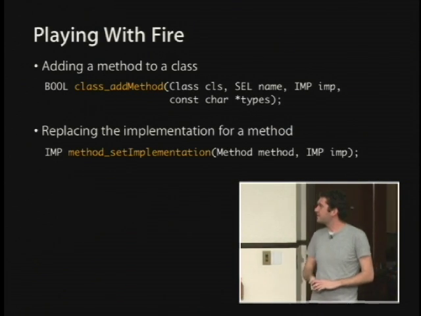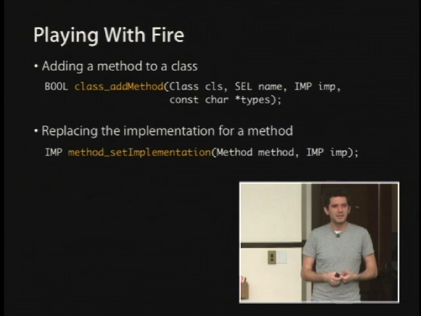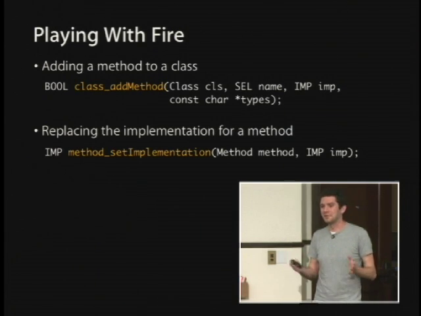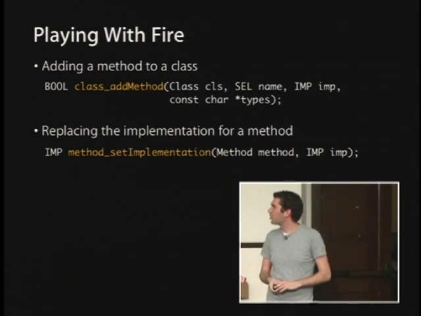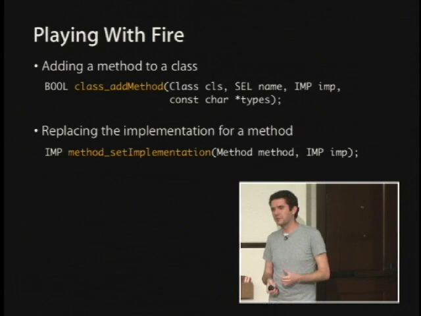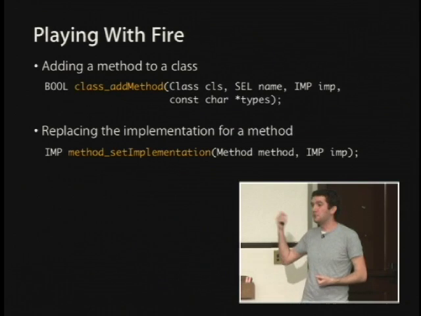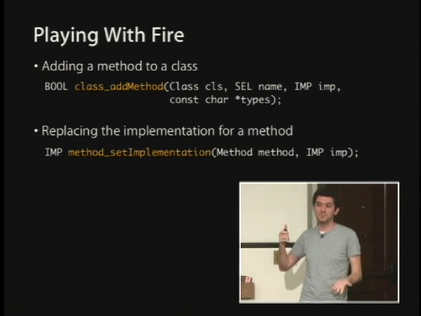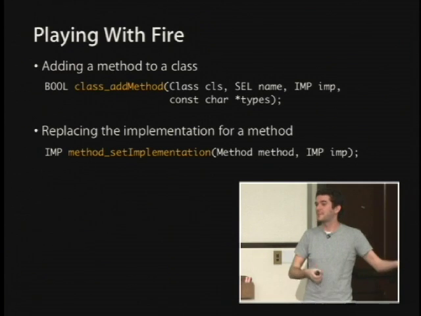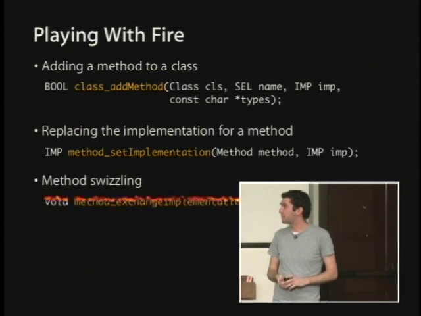You can also replace the implementation for an existing method. This is the part where you really don't want to do this to UIKit classes or other framework classes. Basically, you can call method set implementation, which, given a method like we got back from that class get methods function, you can pass a new imp to basically replace what will get called when someone sends that message.